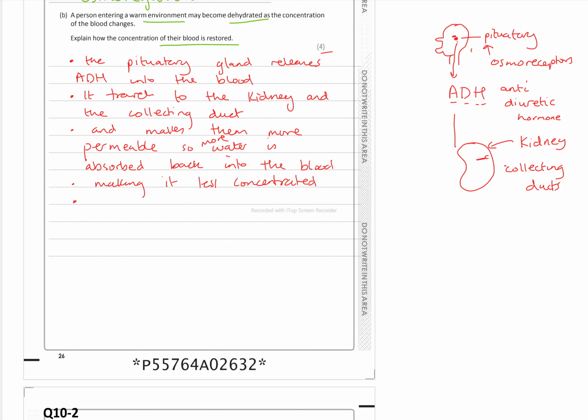Right, what else happens is also making the urine more concentrated. Okay, that should cover it.